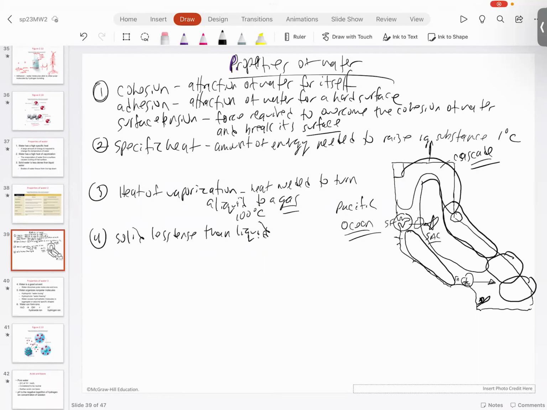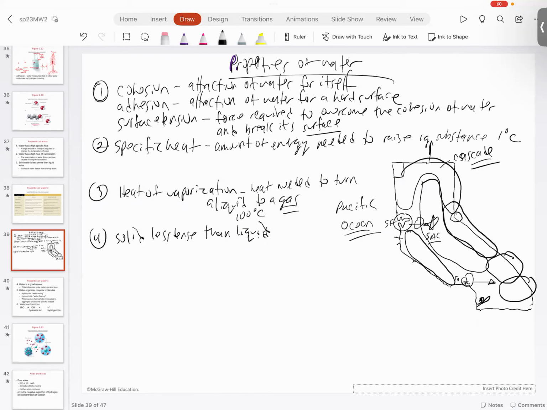Not only that, the fact that we're made out of water means we can walk outside on a sunny day in June or July when it's hot and not evaporate. If we were made out of acetone, poof, right? We're gone. That's not good.